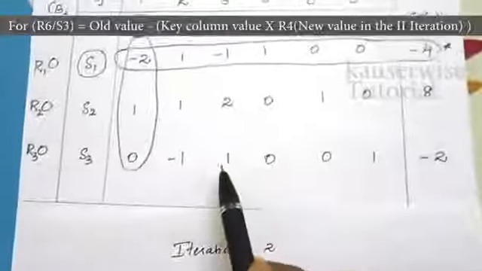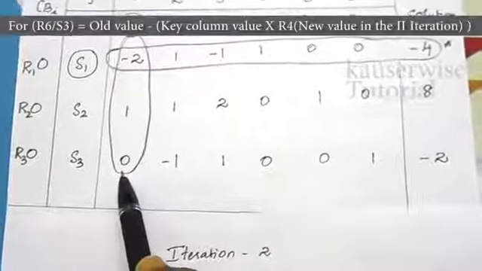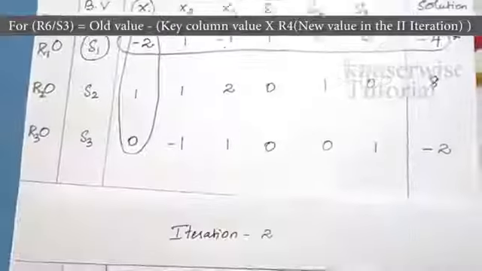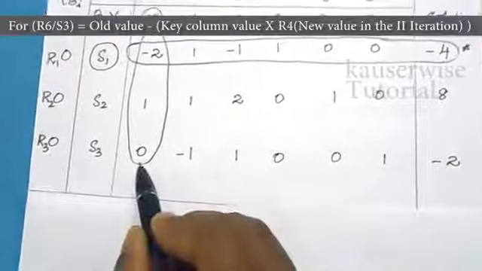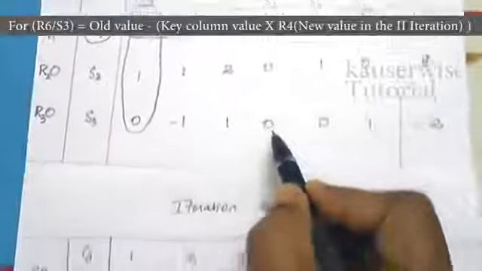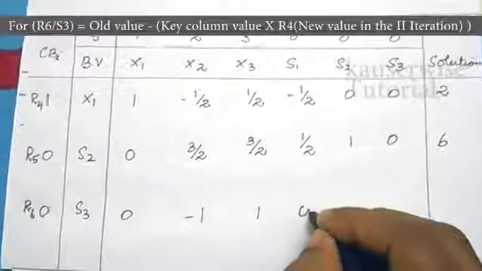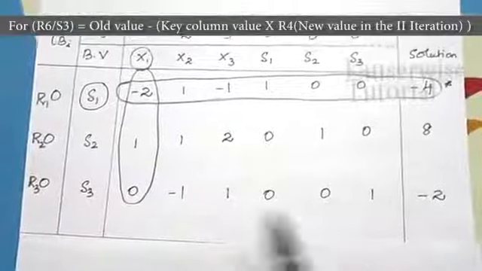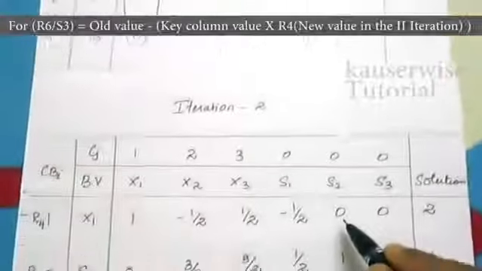The next value, old value is 1 minus corresponding key column value is 0 into new value is 1 by 2. The answer is 1. See the next one. The old value is 0 minus key column value is 0 into new value is minus 1 by 2. The answer is 0. The next one, old value 0 minus corresponding column value also 0 into new value 0.